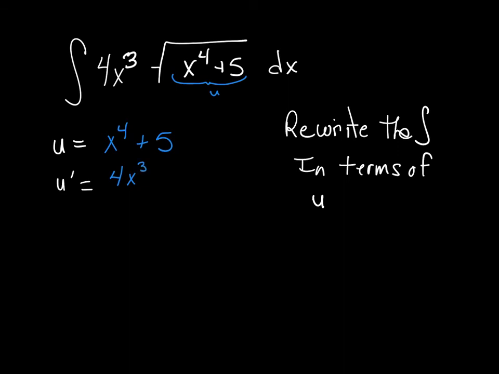Now, we want to write this as du over dx. We want this notation. Remember, that is going to equal 4x to the third, or that now du is equal to 4x to the third dx.